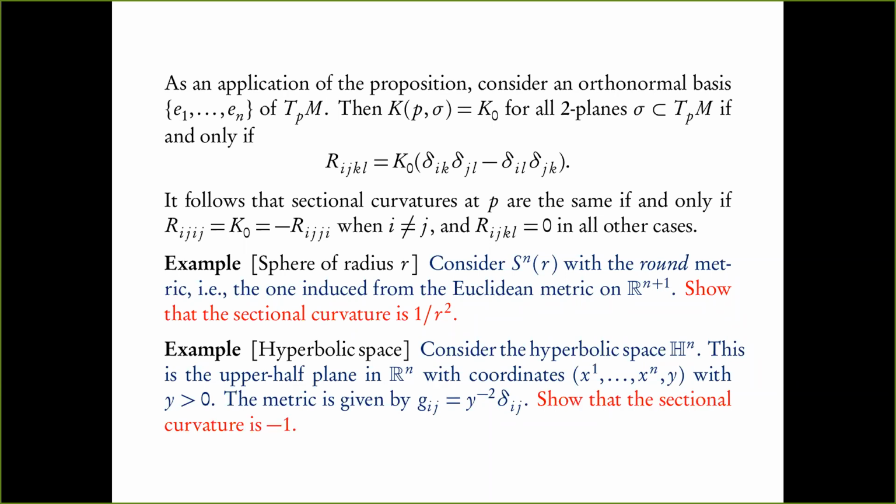Because the metric is so nice, you can compute the Riemann curvature in terms of the metric if you want. It's not that hard. You show that the sectional curvature is minus 1, so this has constant negative sectional curvature. In general, of course, not every manifold will have constant sectional curvature. It's going to vary, but these are the three extreme models, so to speak. Any questions?